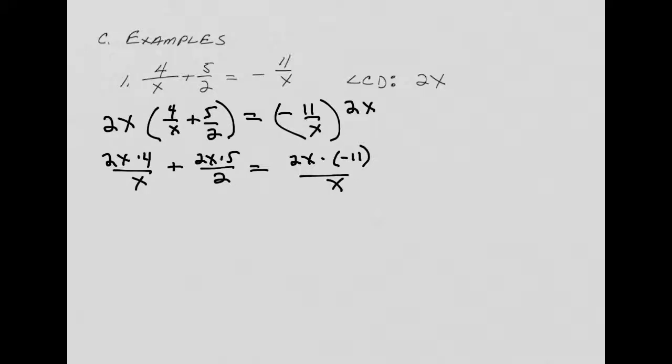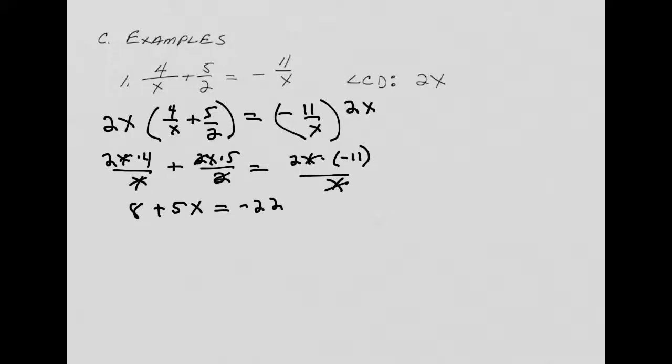And you can see that these denominators are going to divide into the LCD and go away. So this x will cancel that x, and I'll have 2 times 4 is 8. Now this 2 will cancel the 2 in the LCD, and it's going to be equal to 5x. And on the last one, this x will cancel that x, and I'll have equal to minus 22.